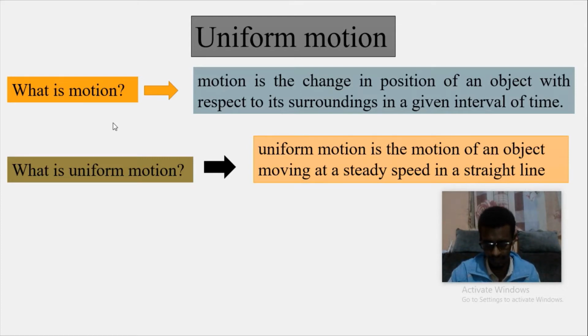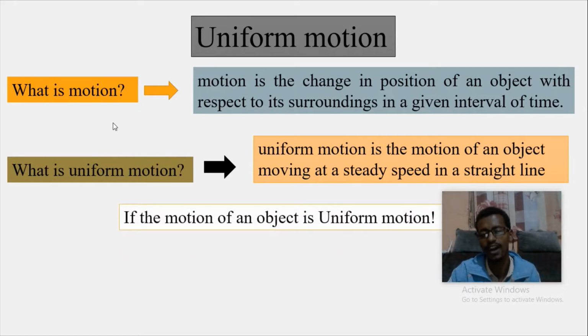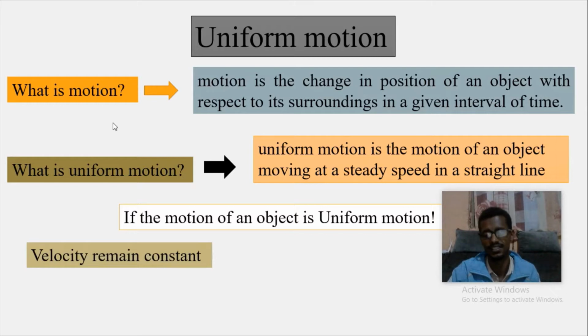So steady speed in a straight line means direction is also constant, speed is also constant. So we can say if the motion of an object is in uniform motion, its velocity remains constant.